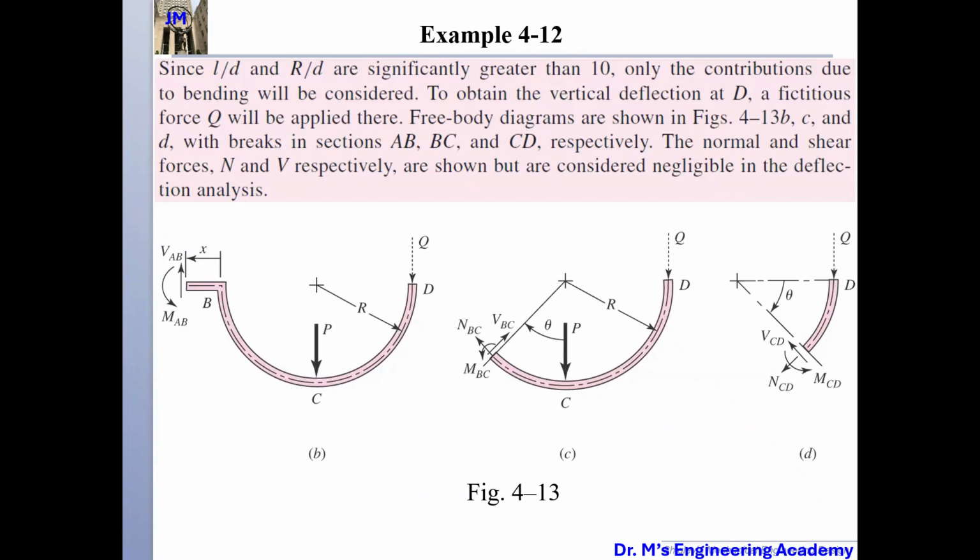For the first segment, I need to have M and dM/dQ. So I have this M already, then I calculate dMAB/dQ. This one has nothing to do with Q, so only the second term is related to Q. So the derivative with respect to Q equals x plus 2R. Okay?